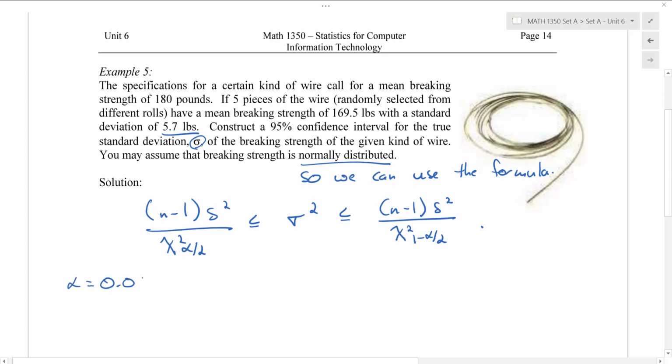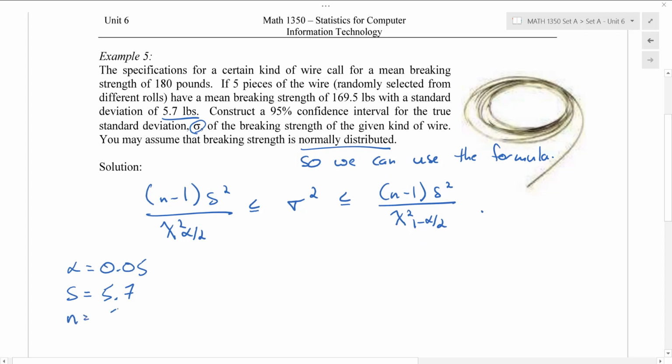So let's have alpha be our familiar 0.05. s is known, the sample standard deviation 5.7, and our n here is 5. We don't yet have chi-squared alpha over 2 or chi-squared 1 minus alpha over 2. We'll have to find each of them.